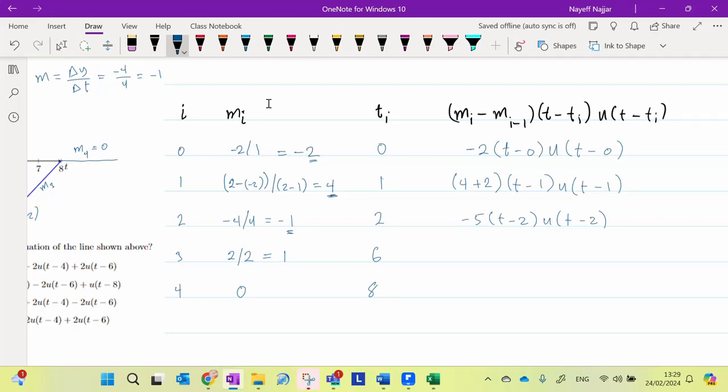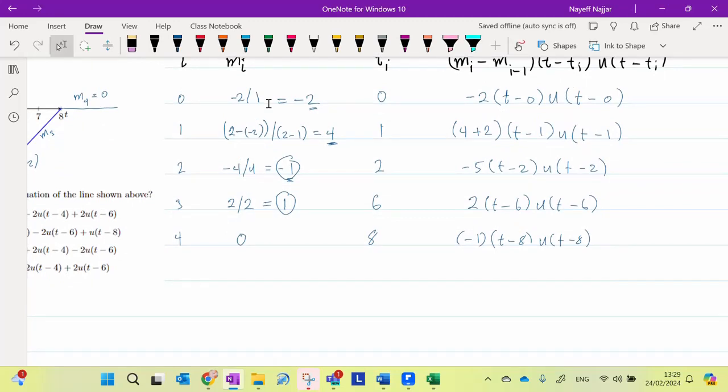Next, 1 minus minus 1, that's 2, and then t minus 6, u of t minus 6. Finally, this is a slope of 0, so 0 minus 1 is minus 1, and then I have t minus 8, u of t minus 8, like this.